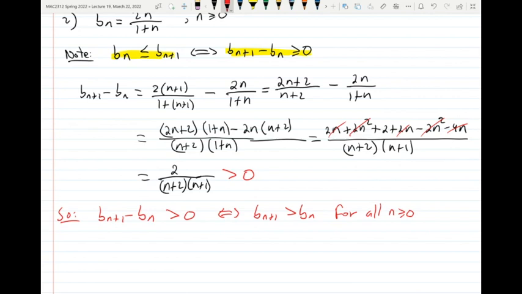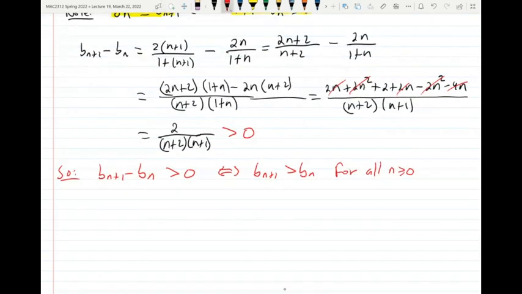If the difference of two numbers is negative, that means the first guy is smaller than the second guy. So the sequence Bn is monotonic increasing.